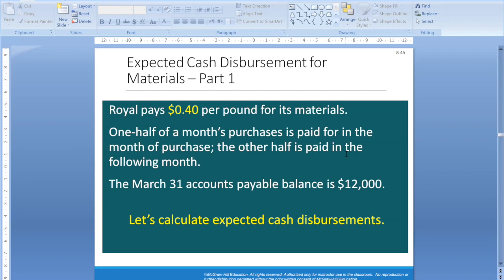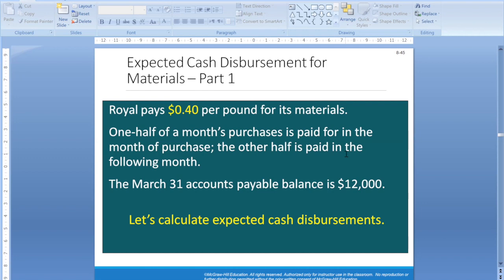The pattern for our payments, we are paying 1/2 of the month's purchases is paid for in the same month of purchase. We are paying 1/2 in the same month of purchase. The other half is paid in the following month. So we are paying 50% in the same month, 50% in the following month.